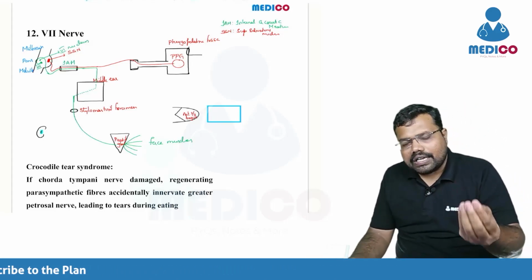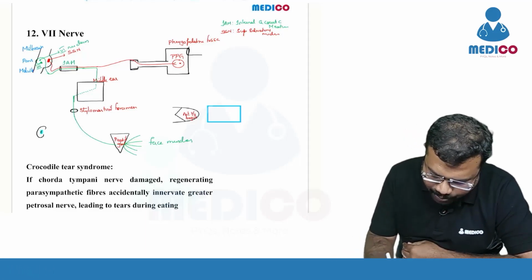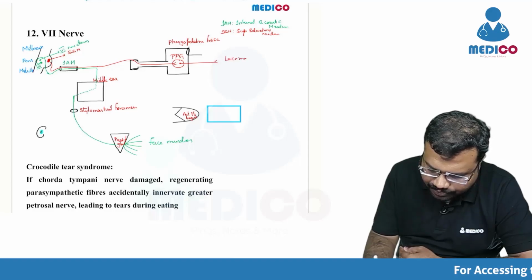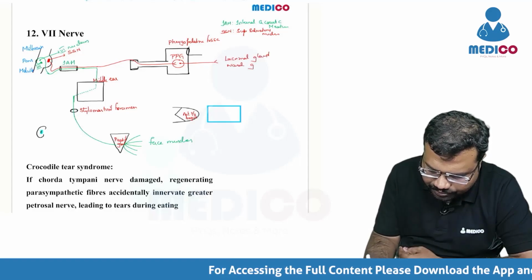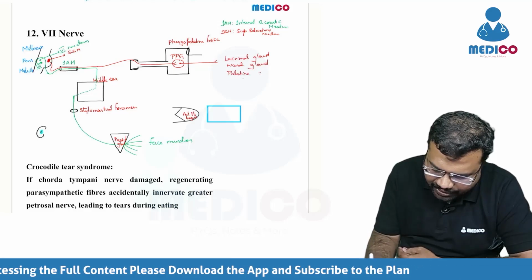Any ganglion in the pterygopalatine fossa is called the pterygopalatine ganglion. From these, the postganglionic fibers will supply the lacrimal gland, nasal glands, palatine and minor salivary glands.